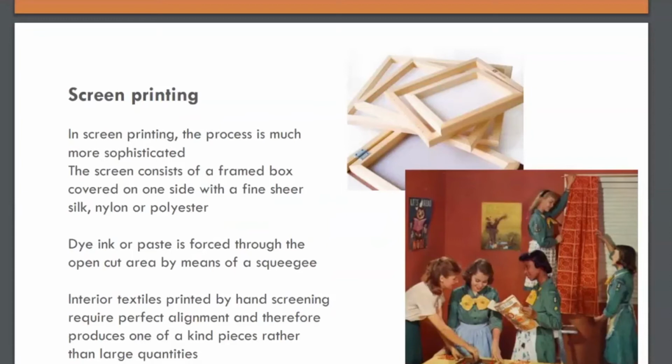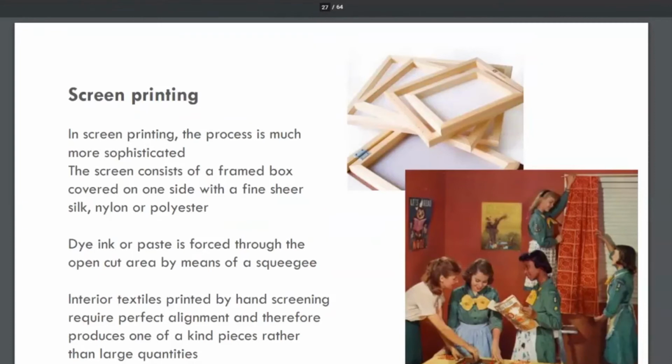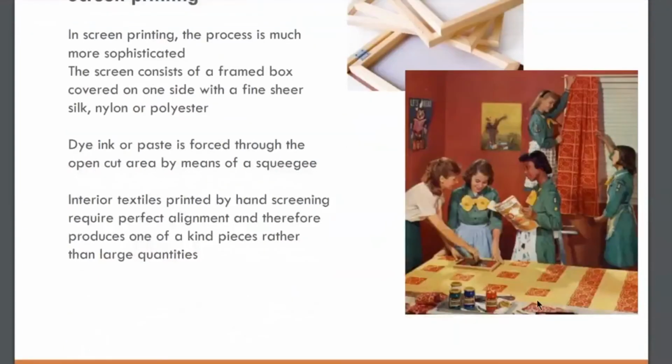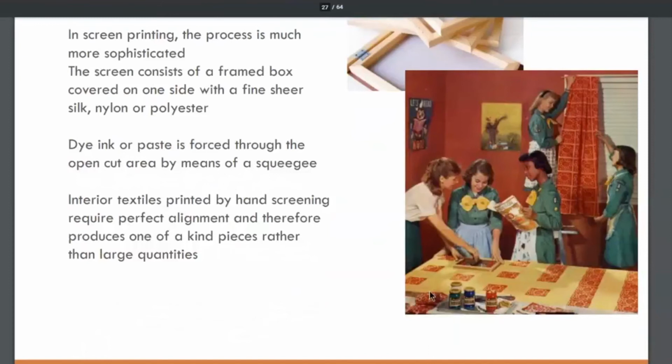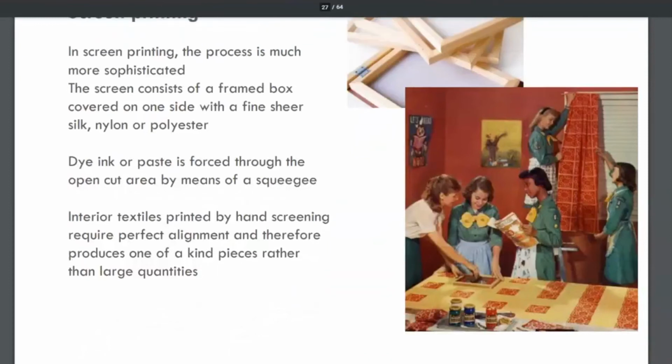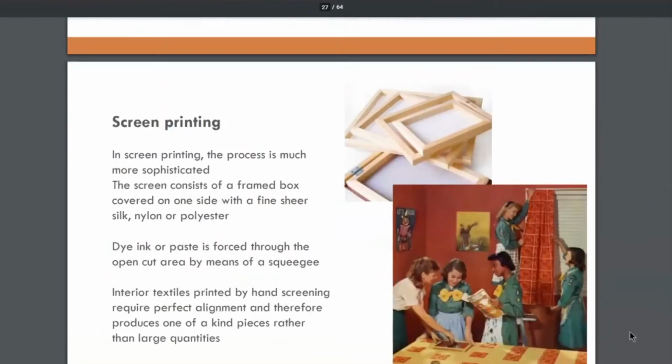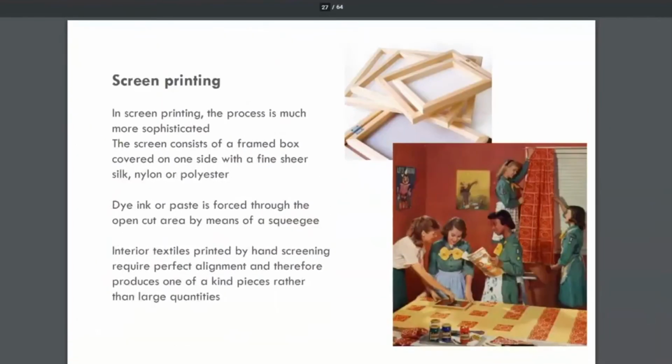But as the statement says at the bottom of the page, perfect alignment is required. For example, if you were going to place a second color in between the red. And it was just much too, you're getting to know my personality a little bit better, it was just much too much detail and exactness for this girl.